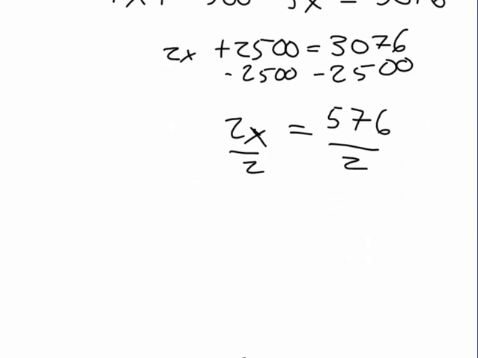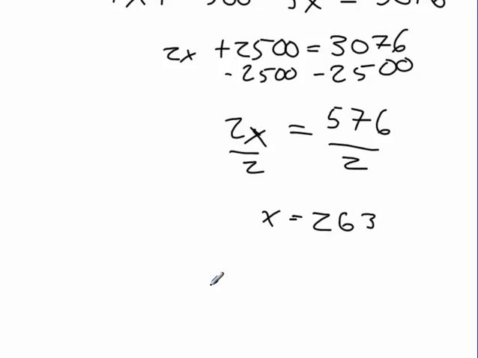Oh man, I don't know if I could do this in my head. Let's see, 2 goes into 500, so I get 250. 26 is what, 13, so I get 263. X is 263. Did I do that right?